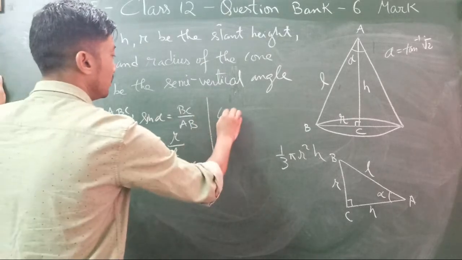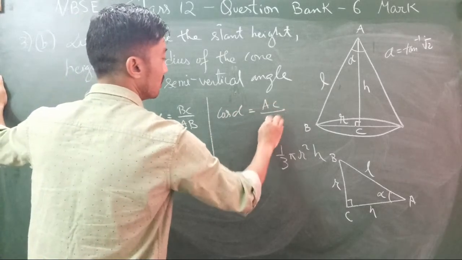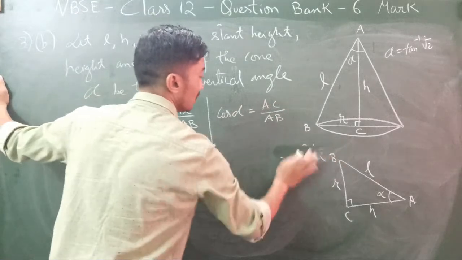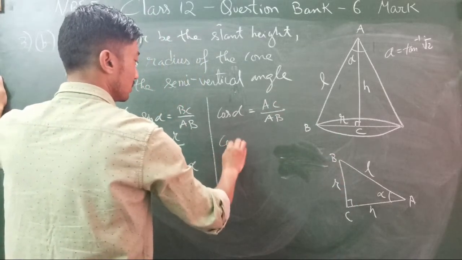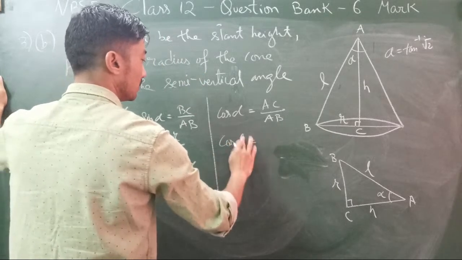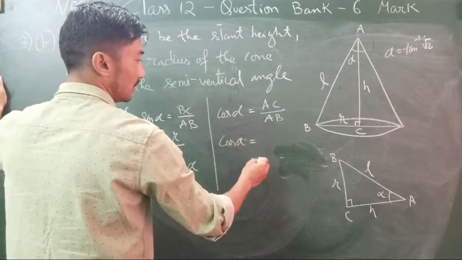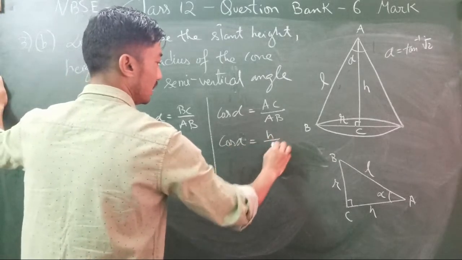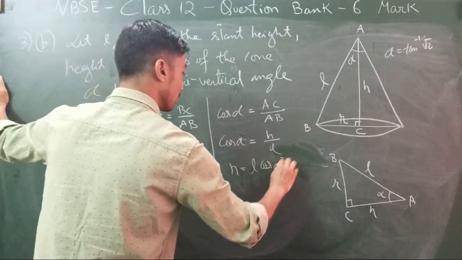Similarly, cos alpha is AC by AB, that is H by L. So H is equal to L cos alpha.